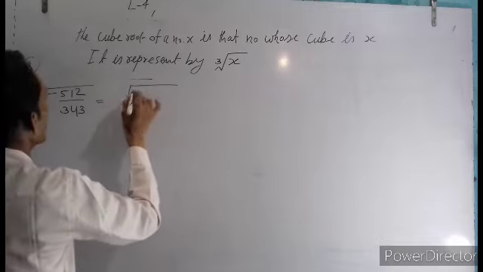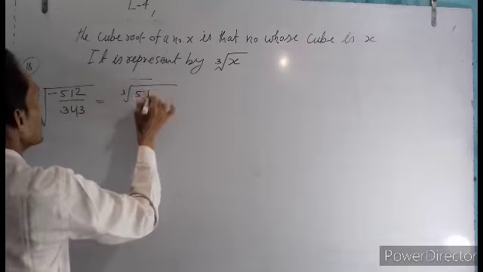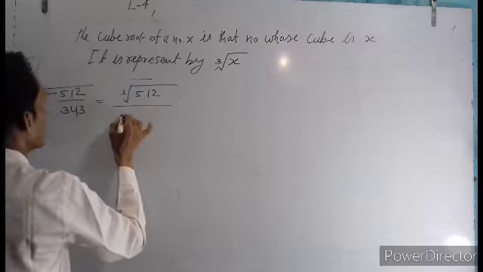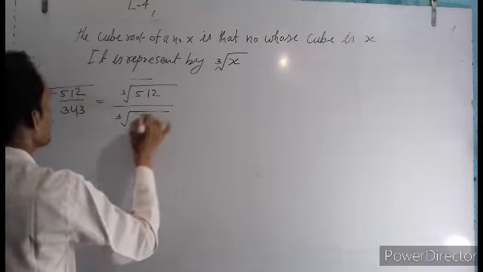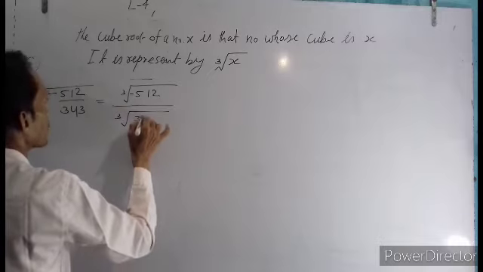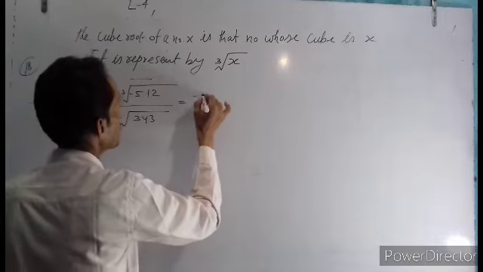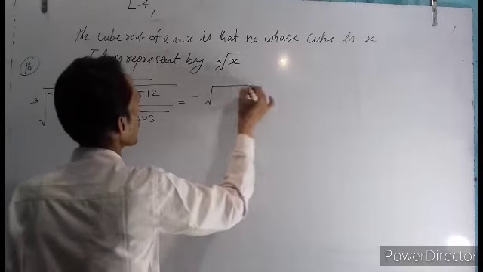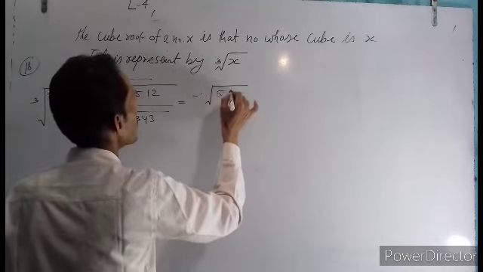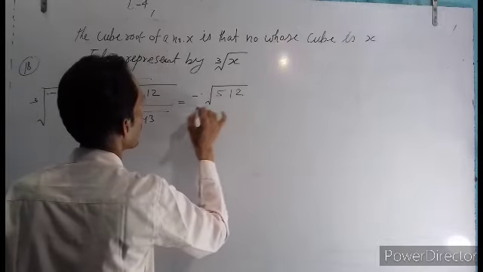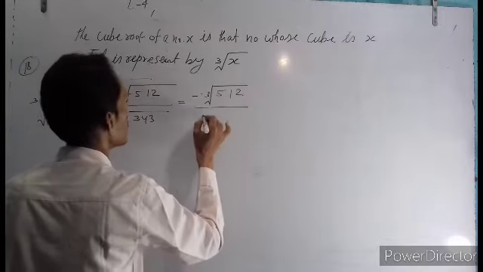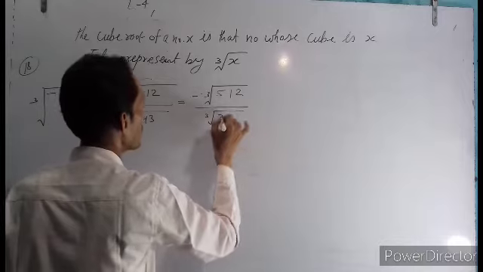Cube root of 512 and the cube root of 343, with the negative sign also. Now you can take the negative sign outside: 512 upon the cube root of 343.